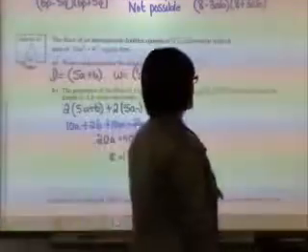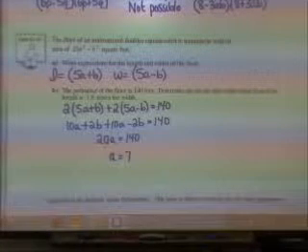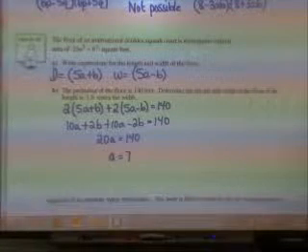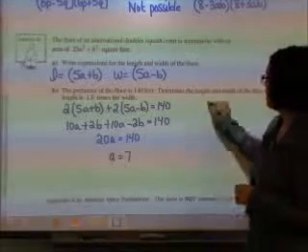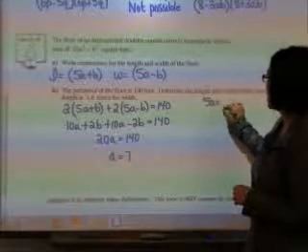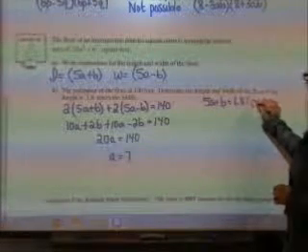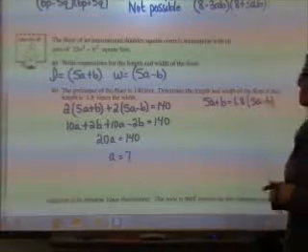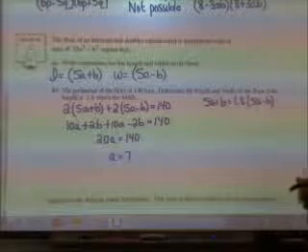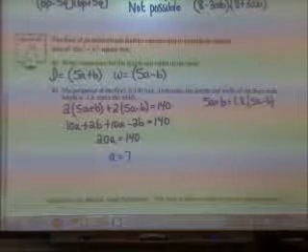The next part, determine the length and the width if the length is 1.8 times the width. So the length, which was 5a plus b, is 1.8 times the width, which was 5a minus b. And I know that a is equal to 7.